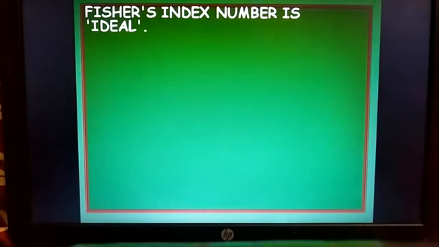Some supportive statements we shall observe on why it will be called ideal. At the time when the problem was being solved, wherein Fisher's ideal index number was to be calculated, many concepts we were not knowing. That means we had not discussed many concepts of the chapter at that time.